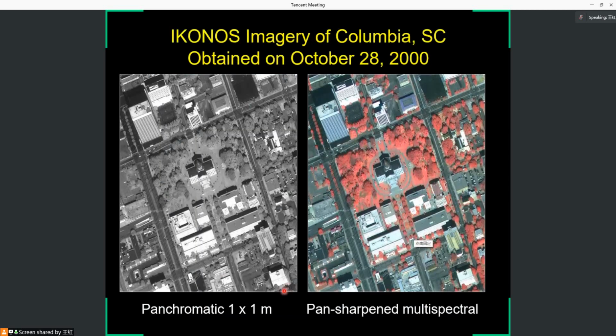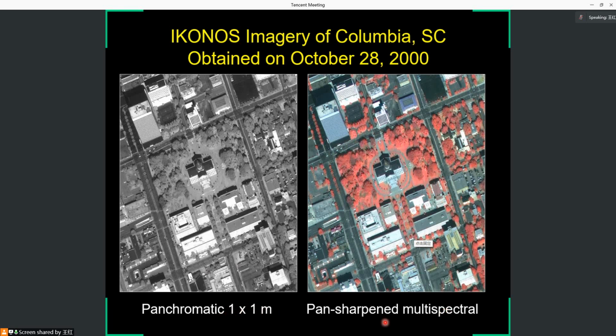And this is the one from IKONOS. Originally the IKONOS is 4 meter for the multispectral, and the panchromatic is 1 meter. So if we fuse the panchromatic and multispectral bands, then we can get this pan-sharpened multispectral image with the spatial resolution 1 meter and 4 bands.